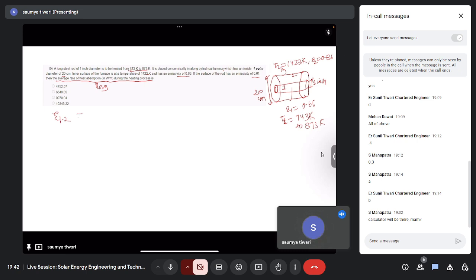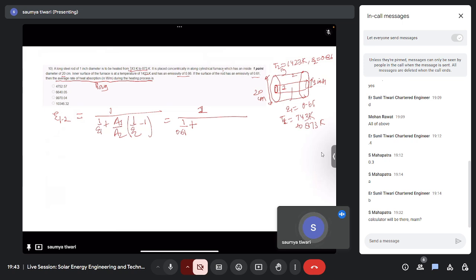If you remember, for concentric cylinders the formula was 1 upon 1 by epsilon 1 plus A1 by A2 into 1 by epsilon 2 minus 1. If we put the values, it will be 1 upon 1 by epsilon 1, which is 0.61, plus A1 by A2. Both are cylindrical, so we can directly write in terms of their diameter.